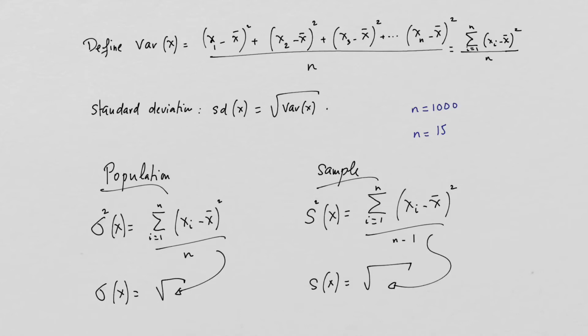Let's say I have 1,000 people in front of me who represent the entire population of the US of 340 million people. And I ask them, do you like summer or you don't, right? That n of 1,000, even though it is a large number, it is still a sample. And because it is a sample, when you find a variance and the standard deviation, you better divide by n minus 1, not n.